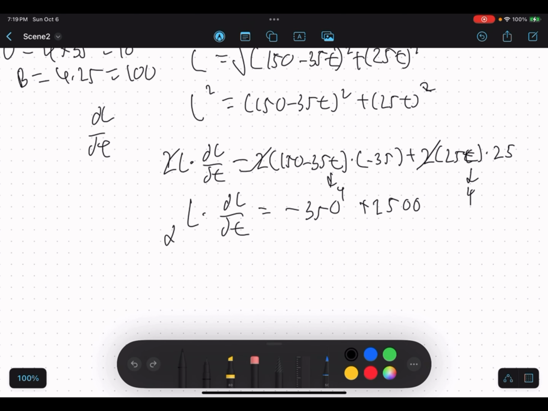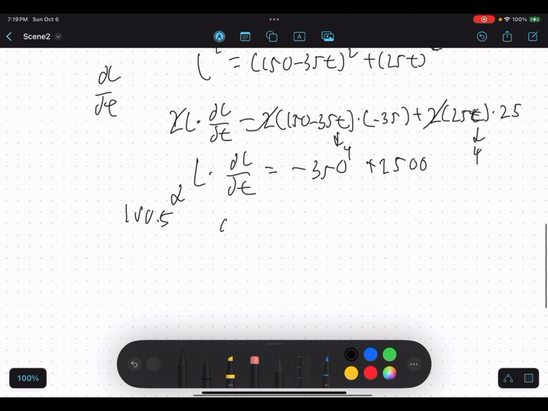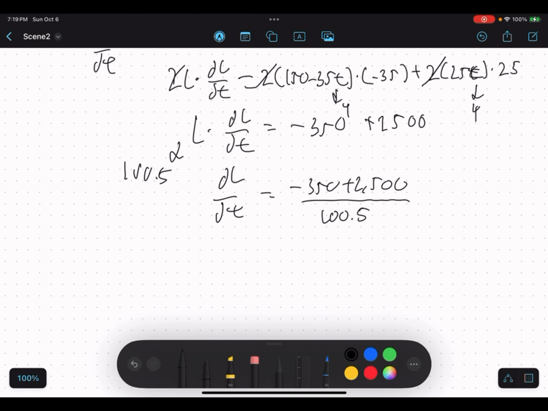We also know L is 100.5. So, right, and simplifying you get the result, and your units.